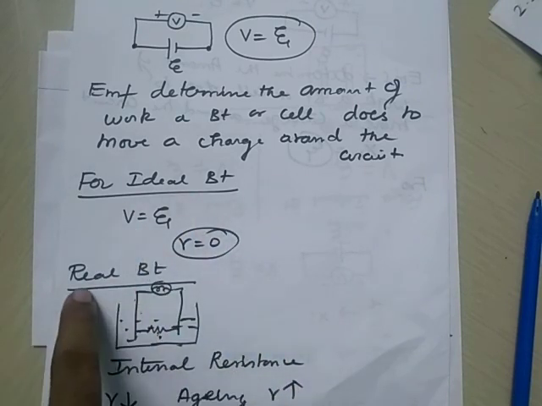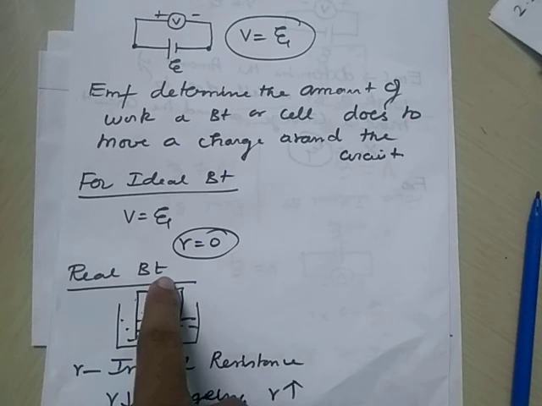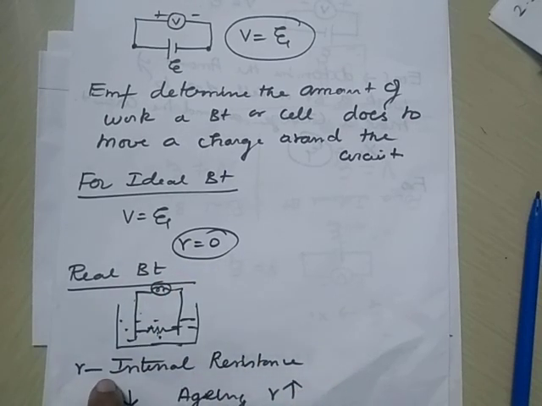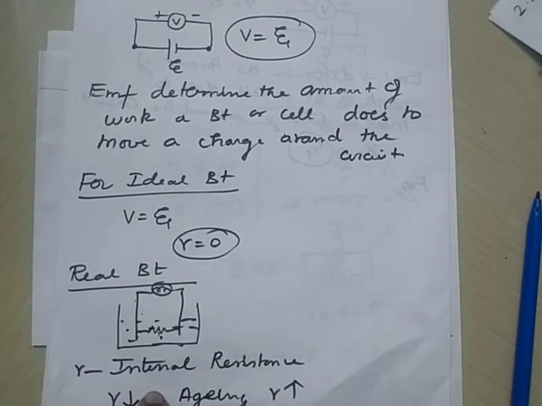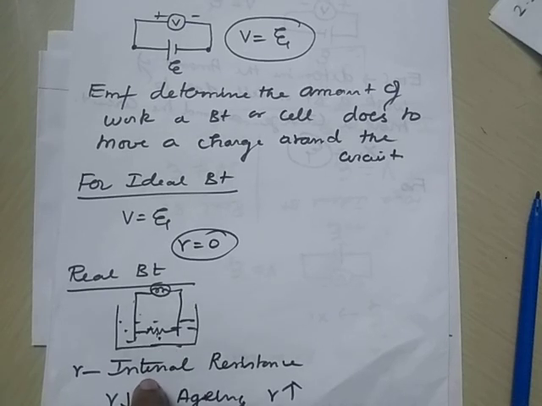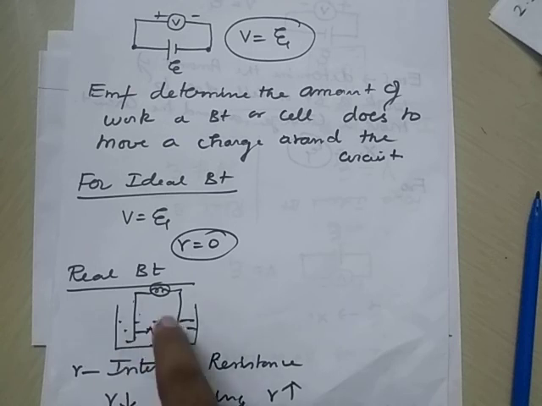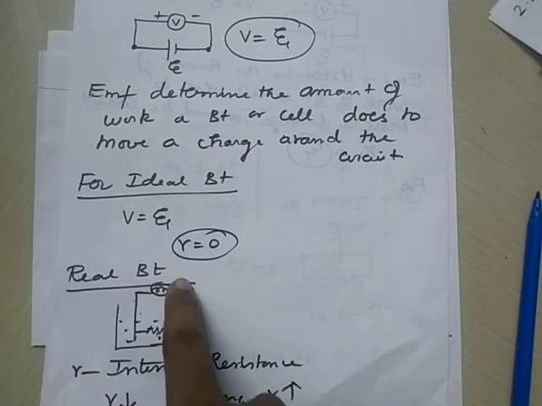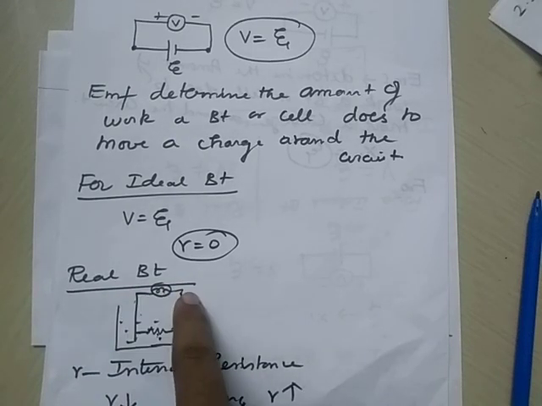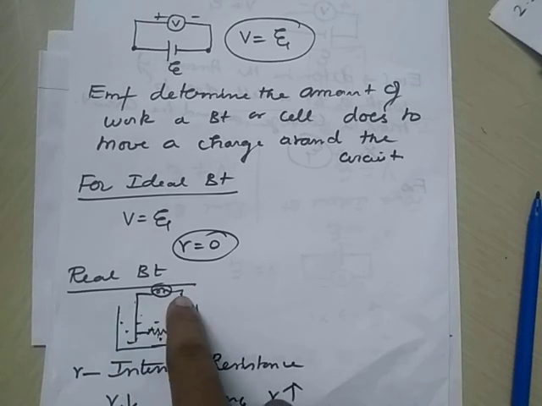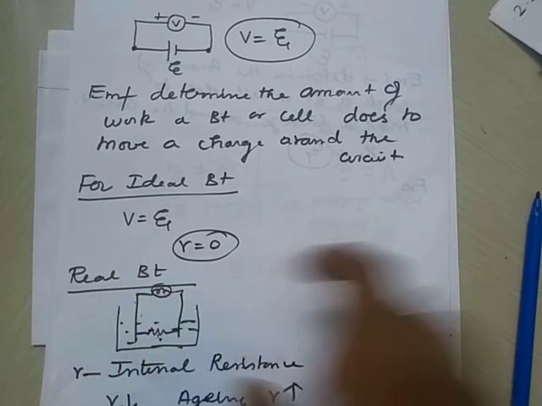For real batteries or real cells, the internal resistance is there. The internal resistance decreases on aging. One more piece of information: for real batteries the potential difference across the terminals of the battery is not equal to the EMF of the cell.